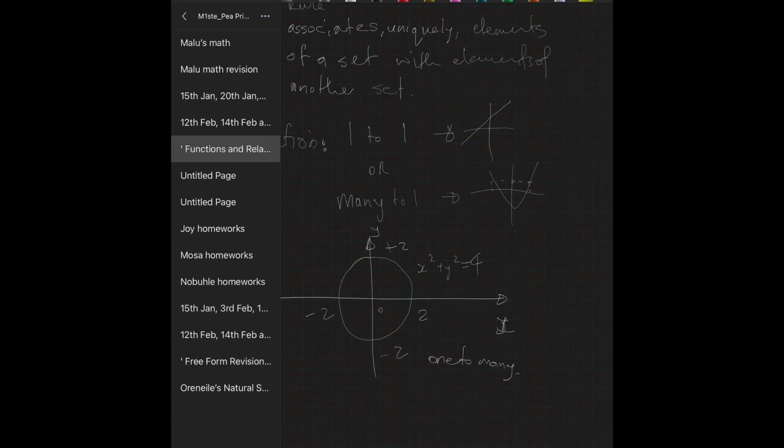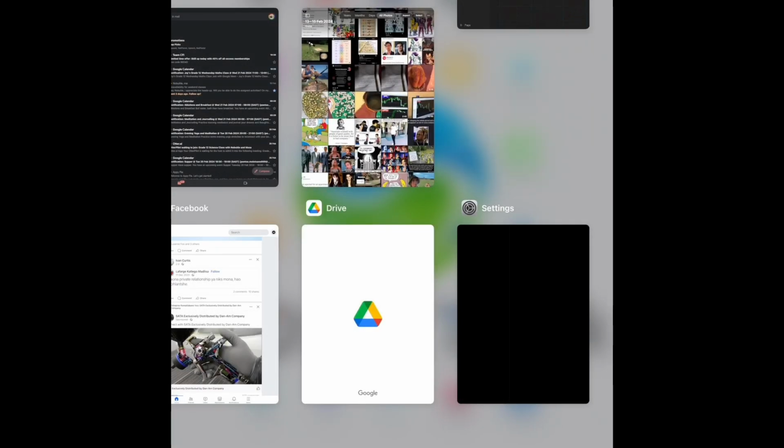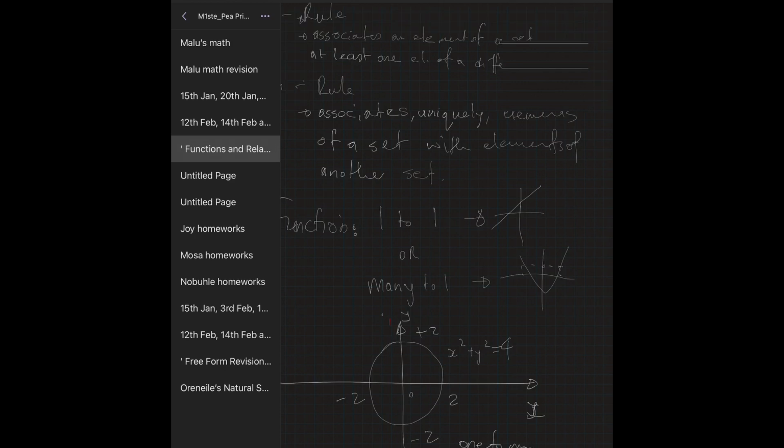So again, with our circle, if we have a vertical line crossing somewhere at x is -1, then that line crosses the circle or the construction at 2 points.